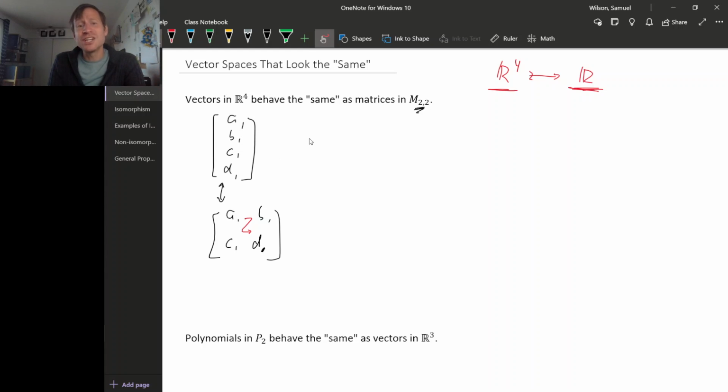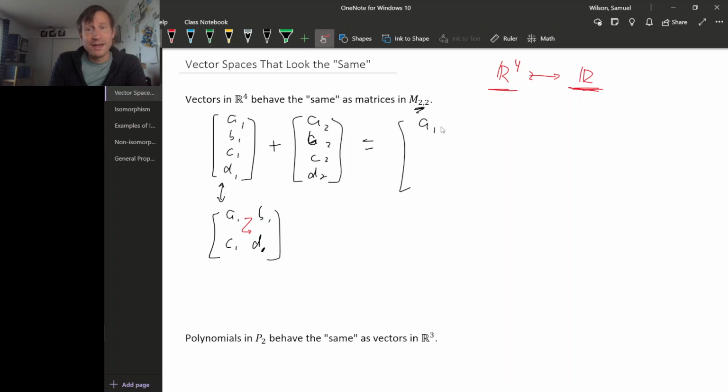Well, in addition to having a one-to-one correspondence, it has something to do with the vector operations for each vector space. So in R4, if we add another vector, say A2, B2, C2, D2, what you get is A1 plus A2, B1 plus B2, all the way to D1 plus D2.